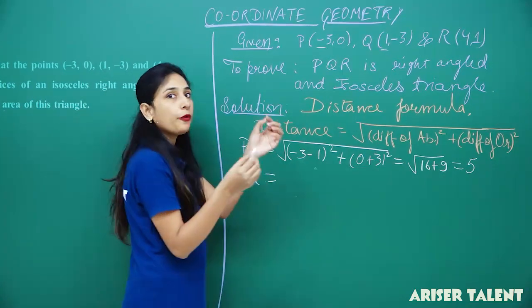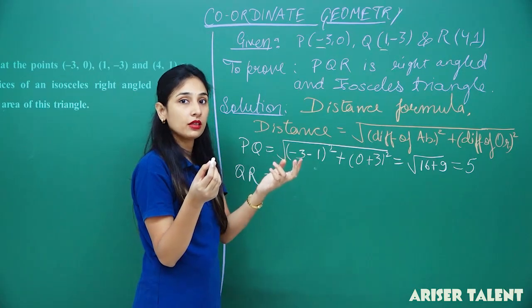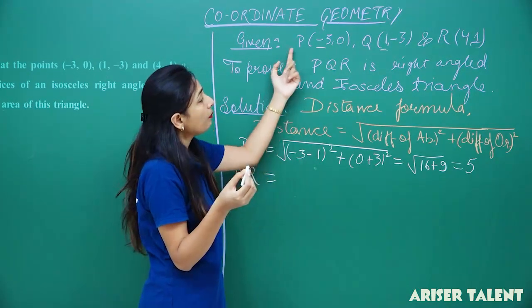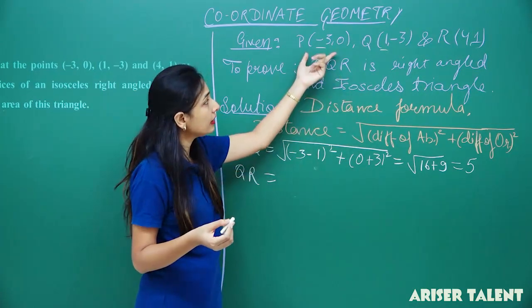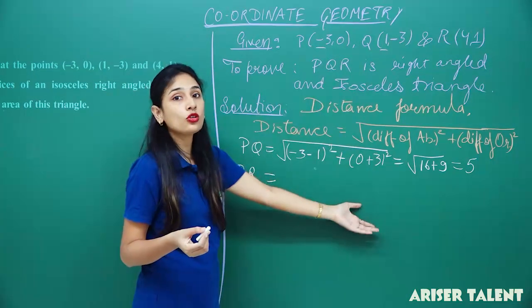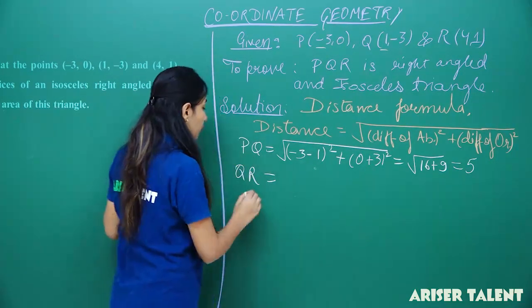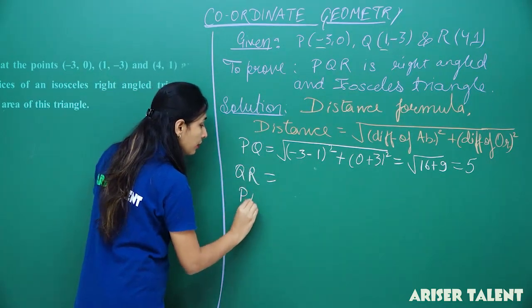Now this is 1. For the second, I'll be taking QR. If I'm having 3 points P, Q and R, what sides can be drawn from these 3 points? What enclosed figure will it be? PQ, QR and PR. Nothing more than that can be possible. The fourth combination cannot be there. So first PQ, then QR, and we'll talk about PR then.